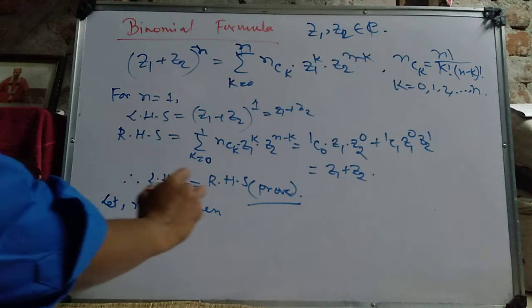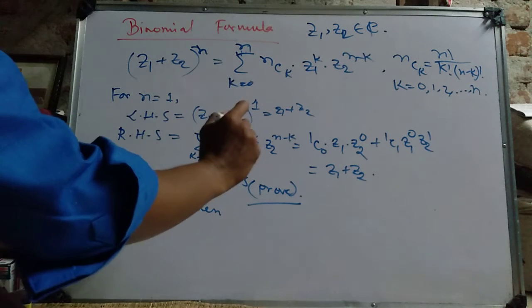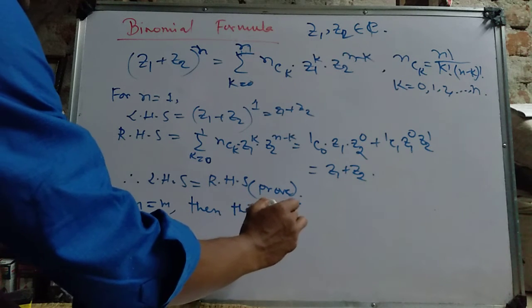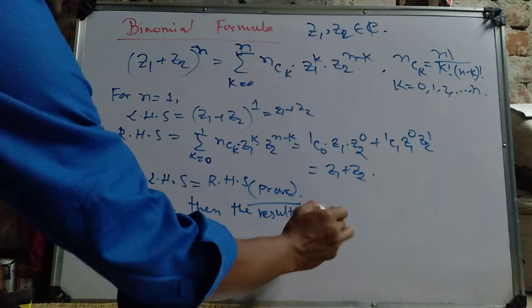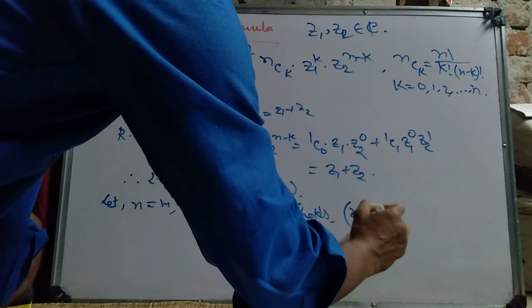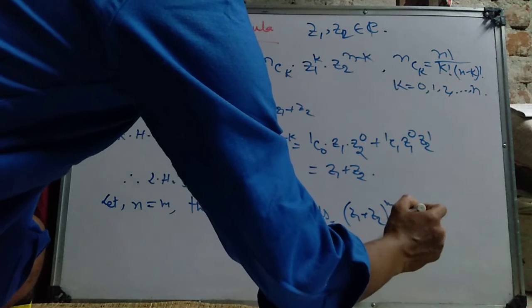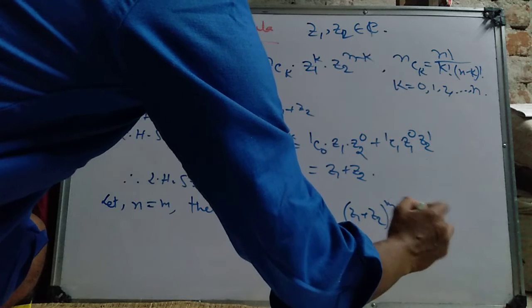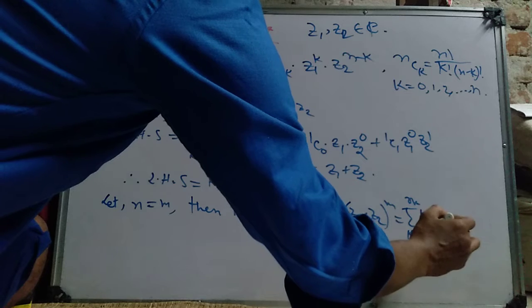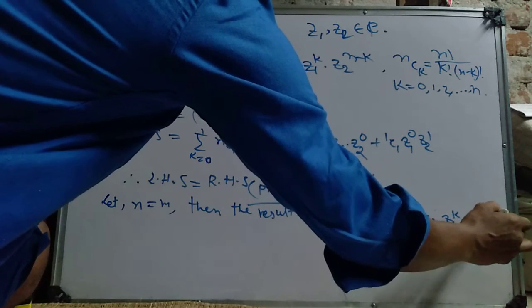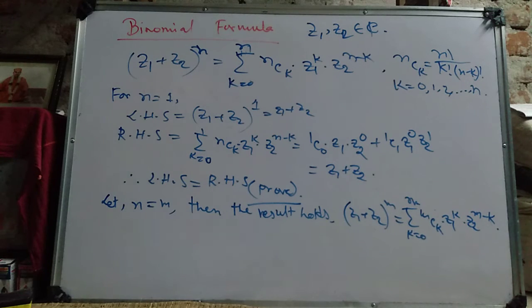So the result holds, which means we write (z1 + z2)^m equals the summation k equal to 0 to m of mCk z1^k z2^(m-k). Okay, understand? Not a problem at all.